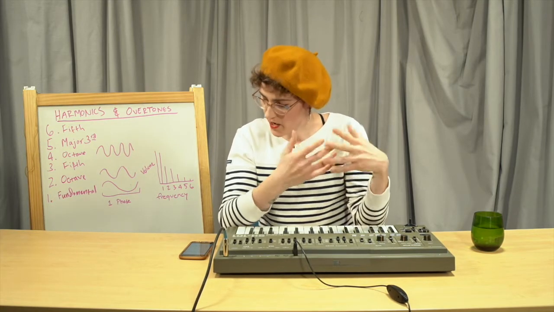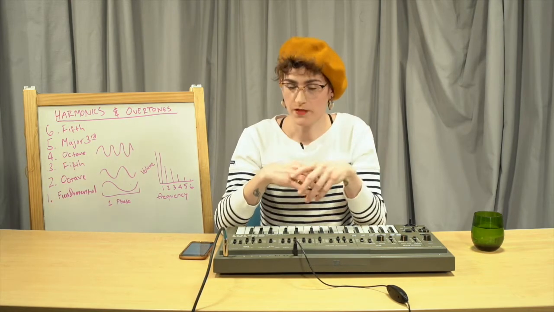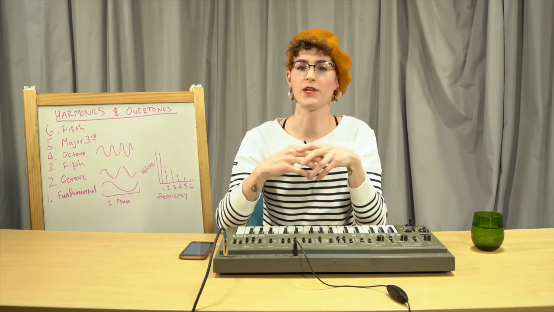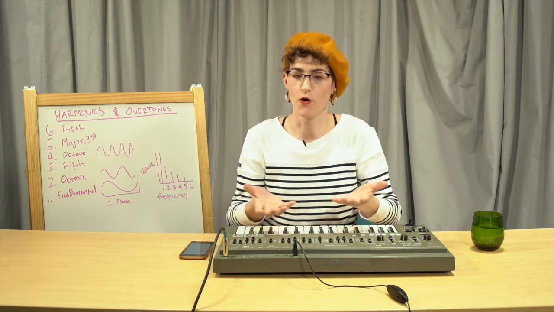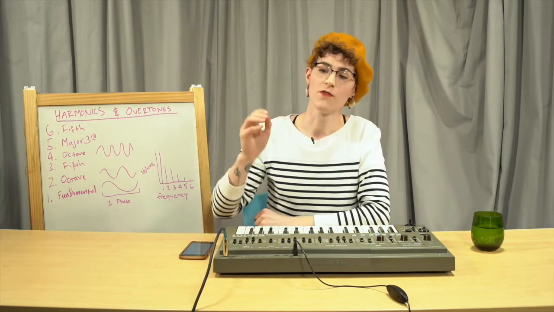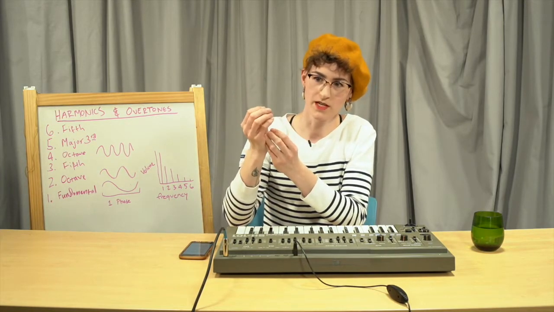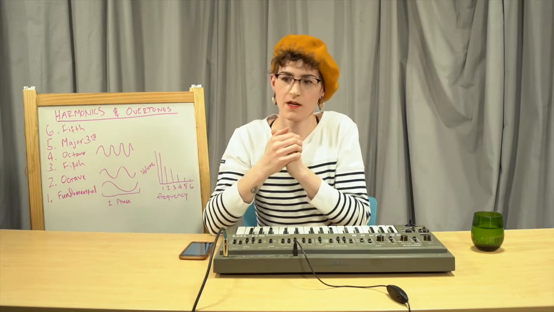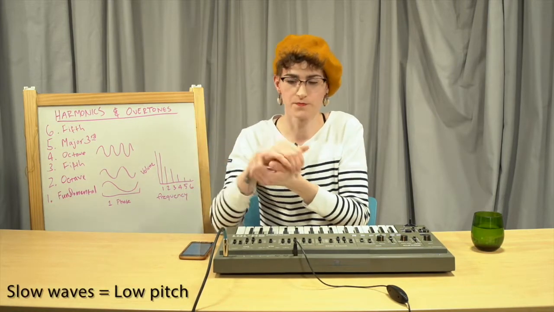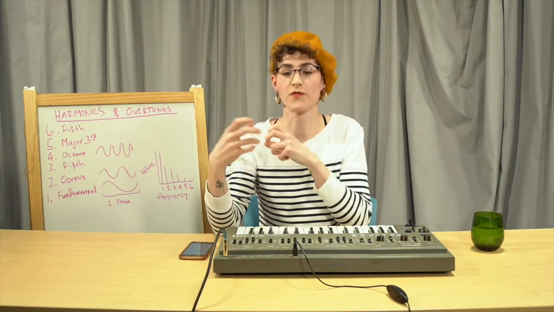So these waves can happen slowly, and if they happen slowly, we perceive them as low bass notes. If they happen fast, the waves ripple more frequently in the same amount of time, and we perceive that as a higher pitch. So we have waves, we have pitch, we have also this other word, frequency.